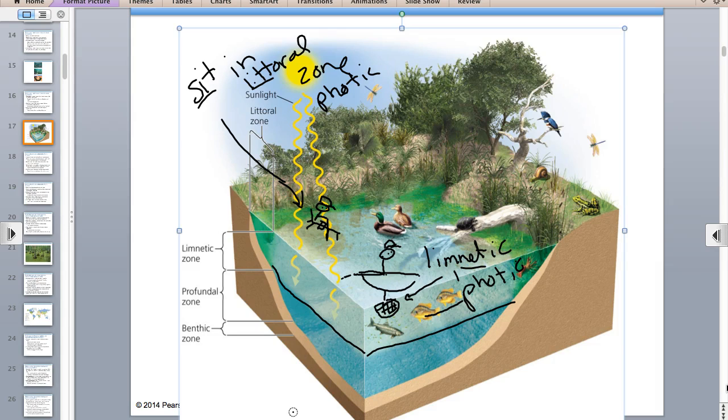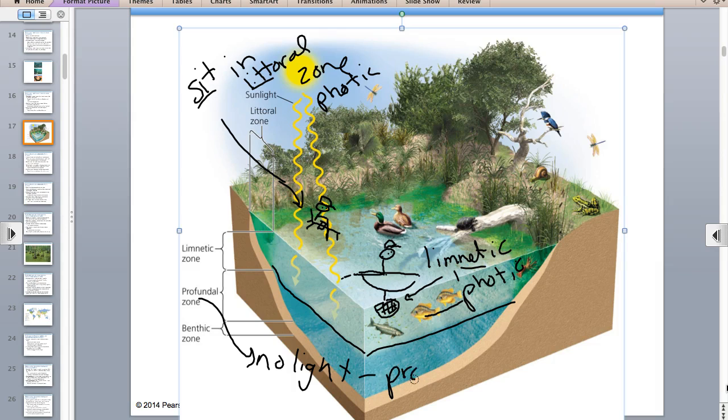So there's that. Now, if you're below the photic zone and you don't have any light, have you ever heard anybody say, oh, that's so profound, that's a deep thought? So the deep water where there's no sunlight, because it's deep, like a deep thought, the deep part of the water, like profound, is the profundal zone. No light.